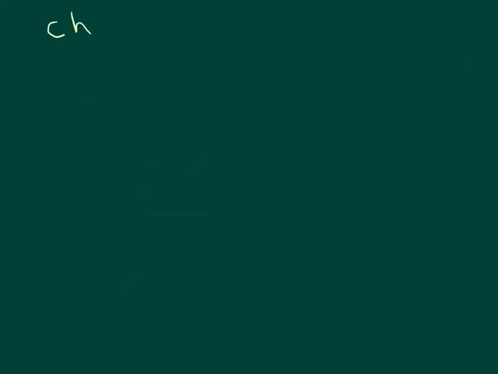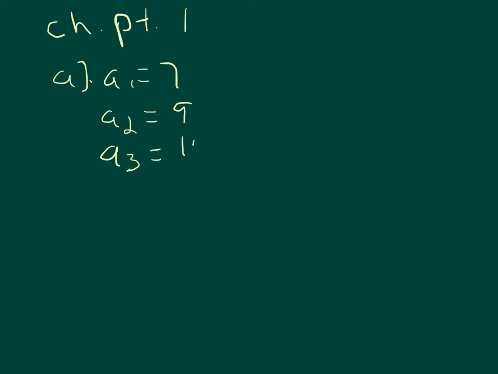So, checkpoint 1. Checkpoint 1A. The answers are: a sub 1 equals 7. A sub 2 comes out to 9. A sub 3 is 11.